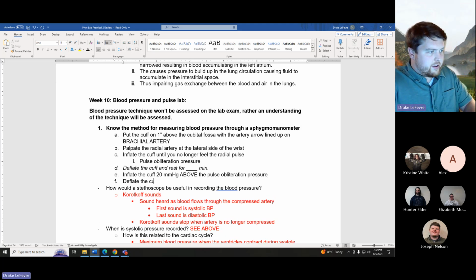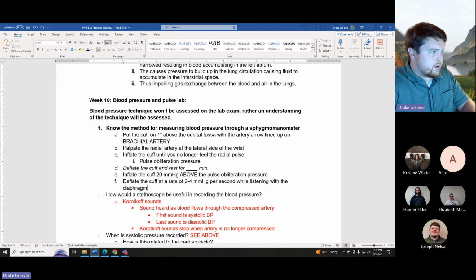Deflate the cuff at a rate of 2 to 4 millimeters of mercury per second while listening with the diaphragm of the stethoscope at the brachial artery.